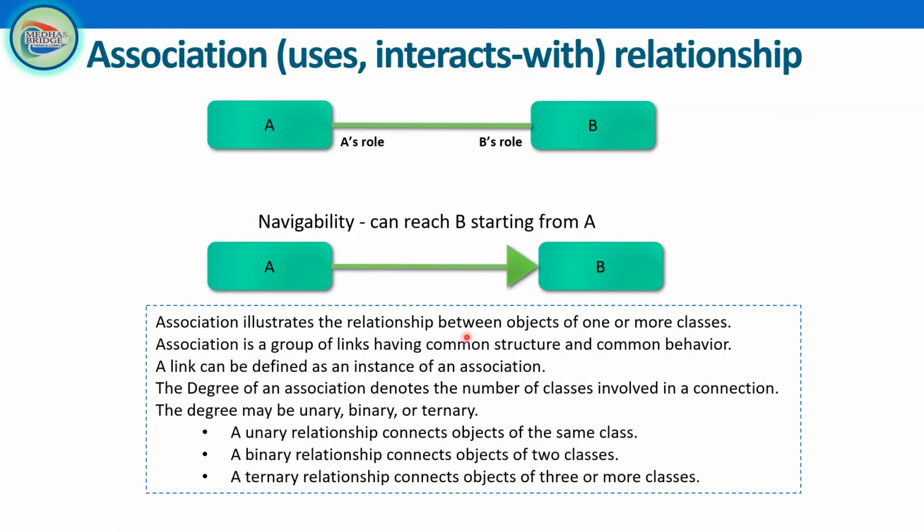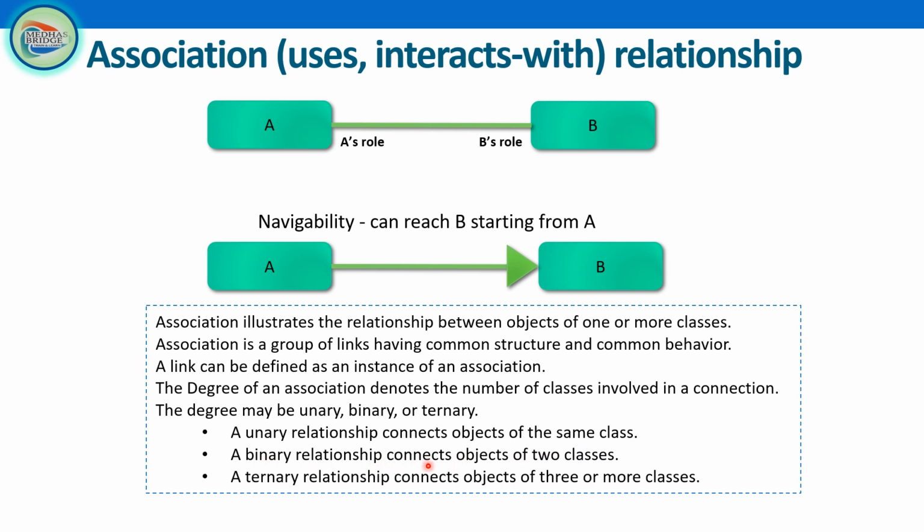Association illustrates the relationship between objects of one or more classes. Association is a group of links having common structure and common behavior. A link can be defined as an instance of an association. A degree of association denotes the number of classes involved in a connection. Degree may be unary, binary, or ternary. Unary relationship connects the objects of the same class.